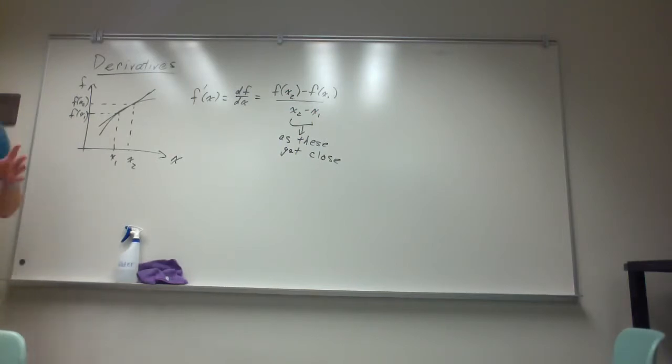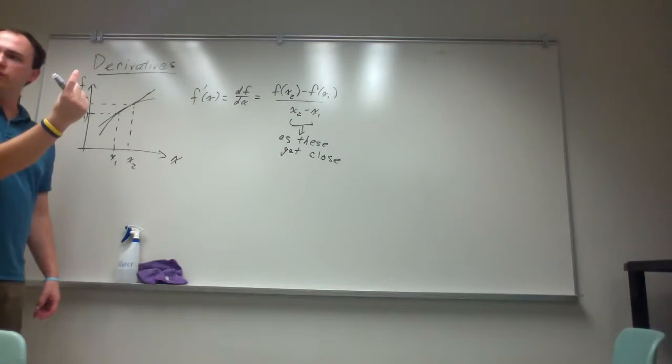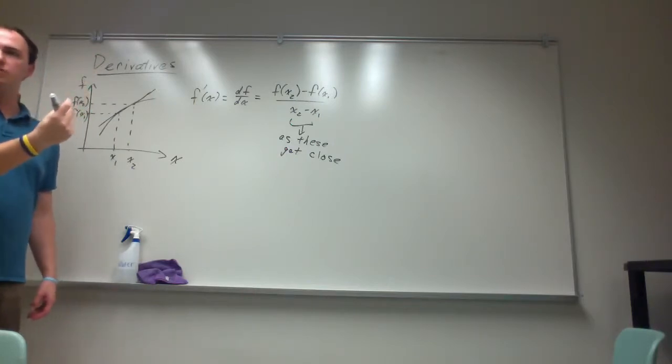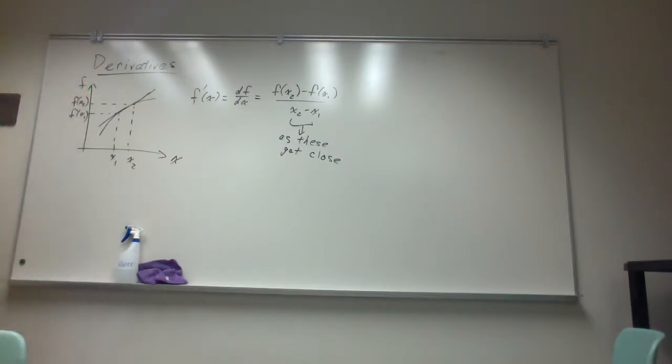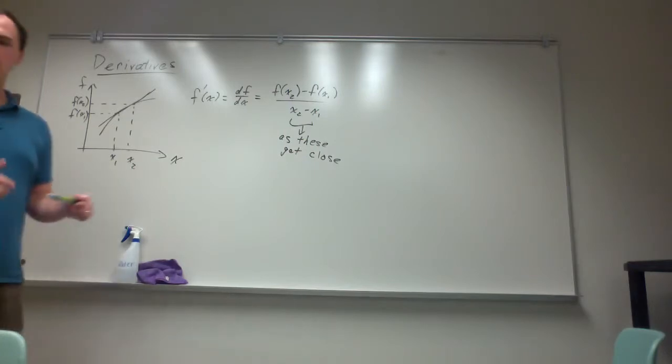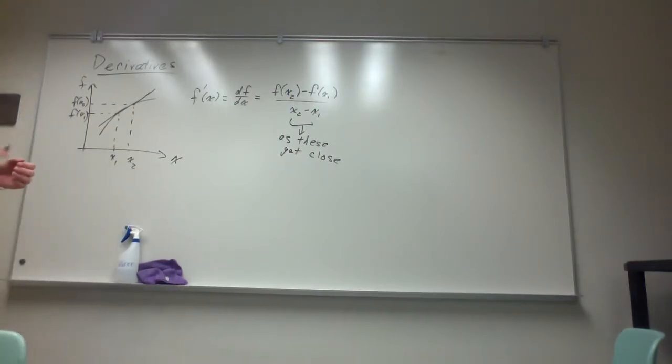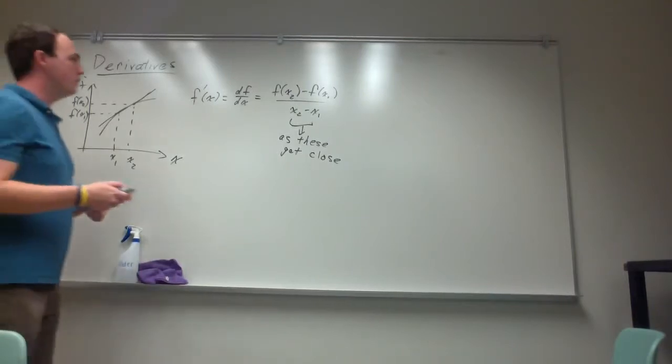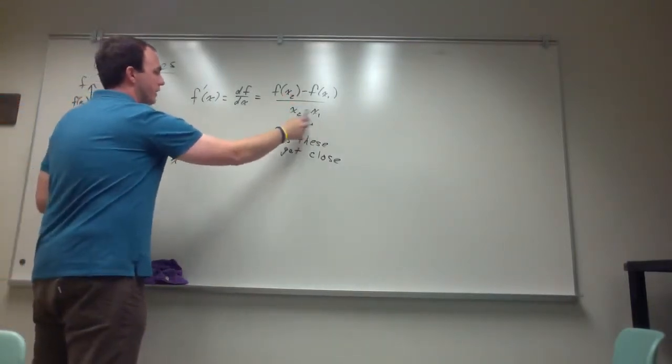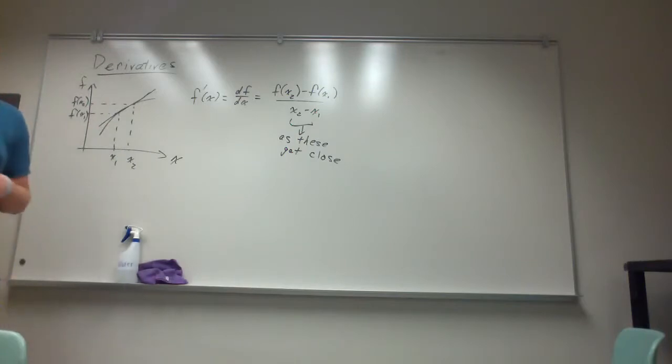Right, and as I get those points closer and closer together, that's going to become the tangent line at that point. Okay, so right, so this is a function, and this is the variable that it depends on.